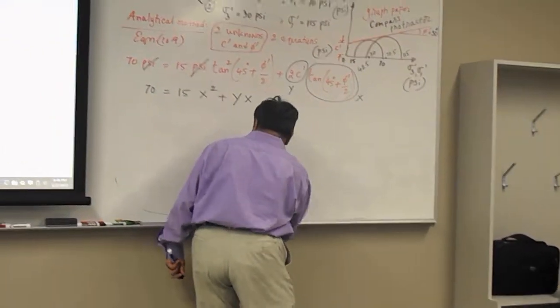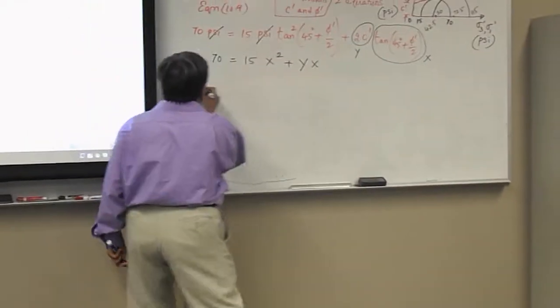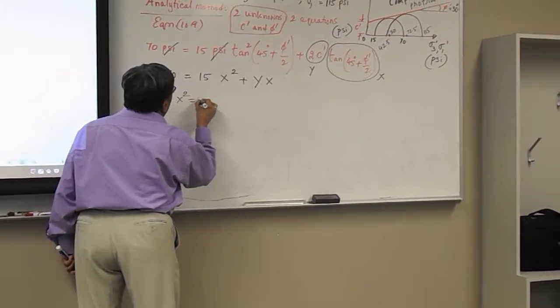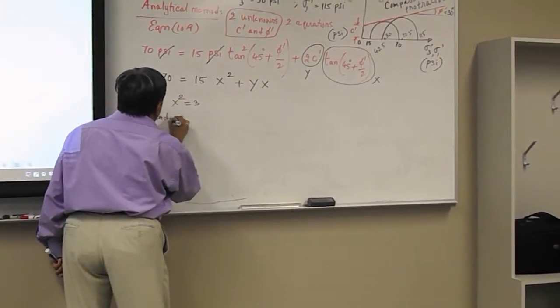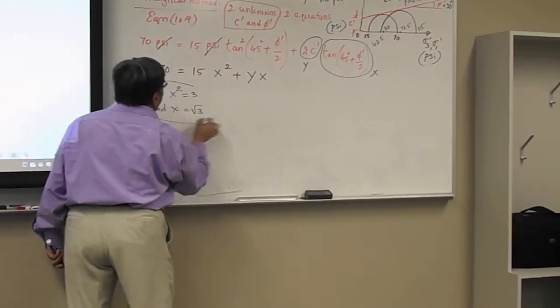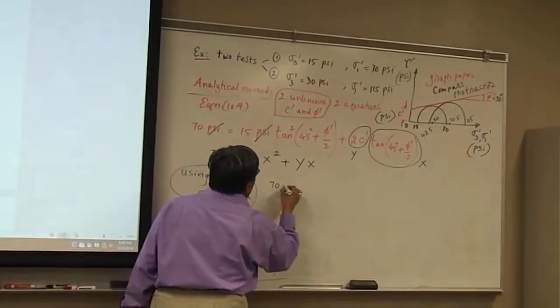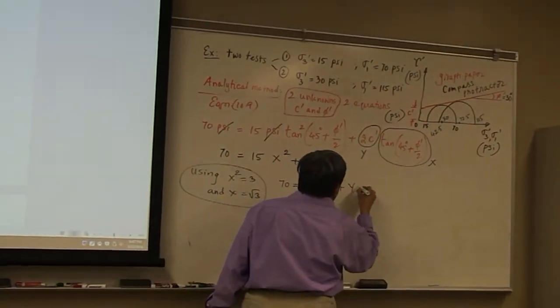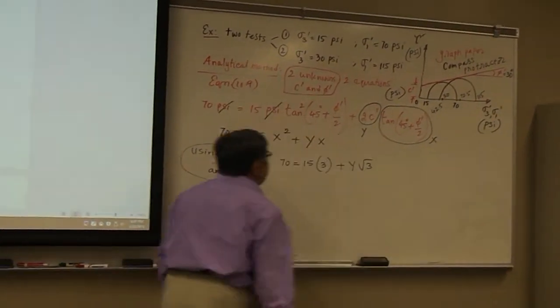As we got here, using x squared equals 3 and x equals square root of 3, this becomes 70 is 15 times 3 plus y times square root of 3.